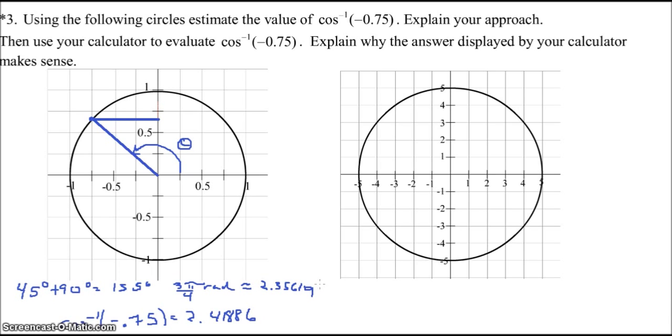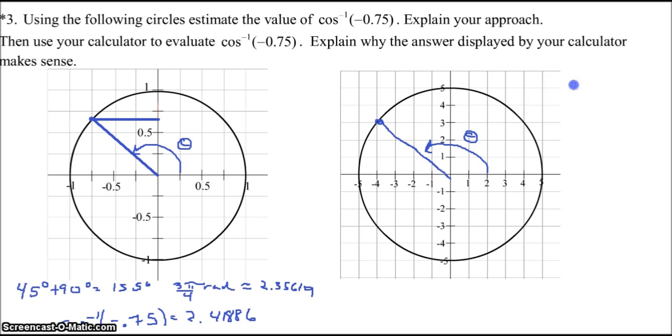On the circle to the right, inverse cosine of negative 0.75 should come at the exact same relative location. So theta is going to be exactly the same.